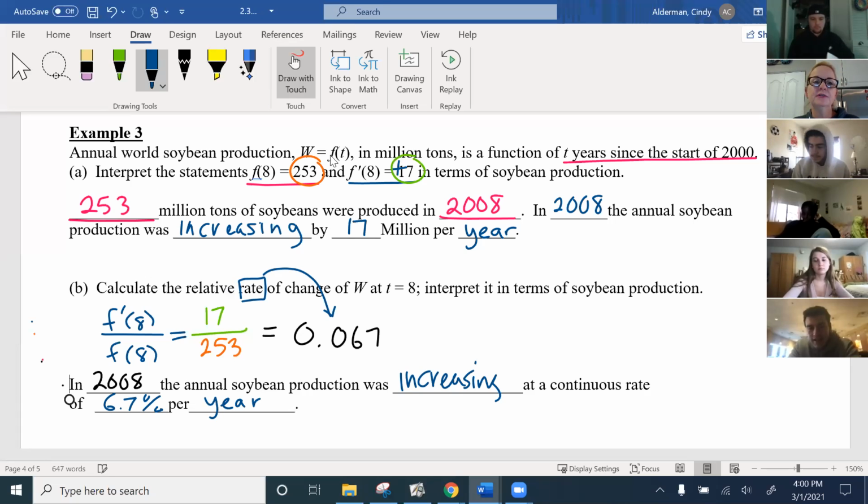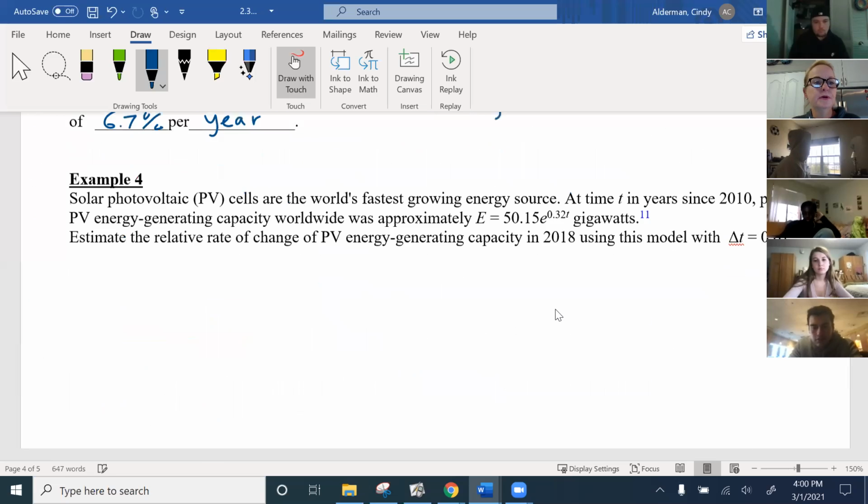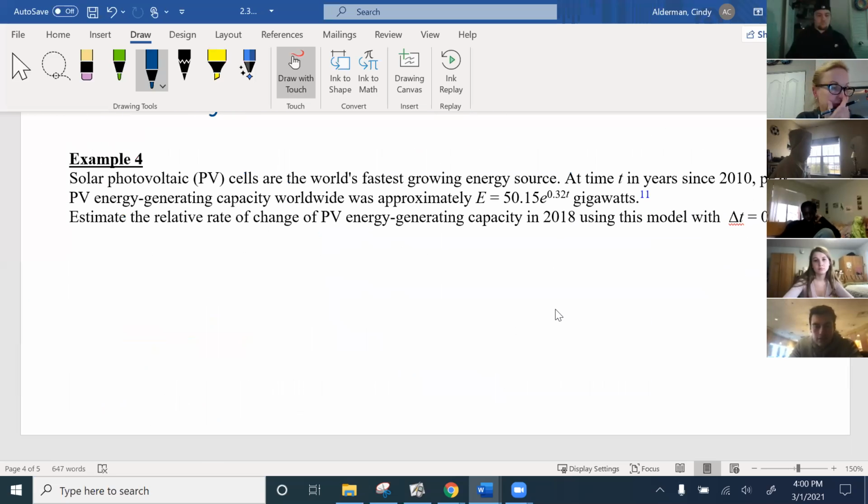Okay, so they could give it to you like this by giving you basically two ordered pairs, and they gave you what f'(8) is, and you just plug it in yourself. Or they could give you a problem that looks something like this. Solar photovoltaic PV cells are the world's fastest growing energy source.